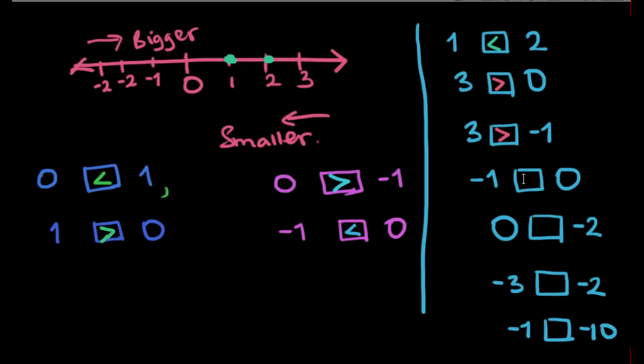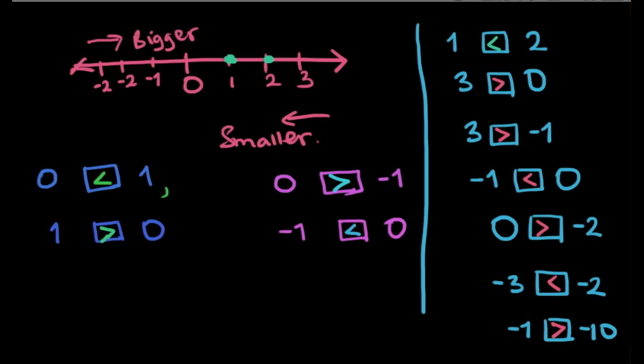Negative 1 and 0, negative 1 is small. 0 and negative 2, 0 is big. Negative 3 and negative 2, negative 3 is small. Negative 1 and negative 10, negative 1 is big. So, I hope this is clearly understood.